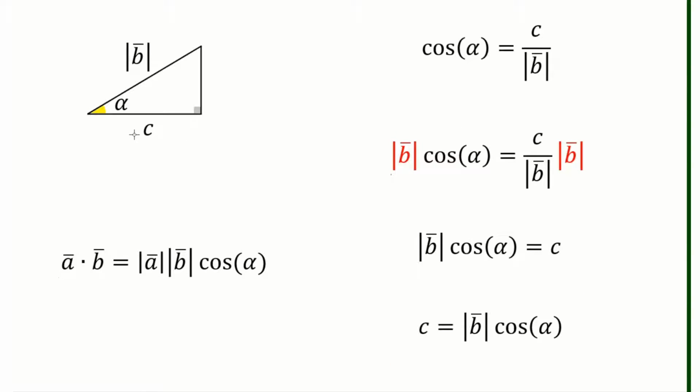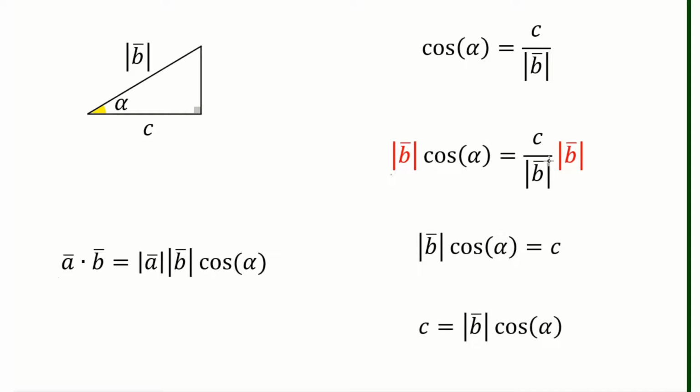Now we are using the cos to calculate what would be this C, what would be its value. We take cos alpha, which is this from the previous reasoning, this divided by this. We have it here. We multiply both sides by the length of vector B we got here.